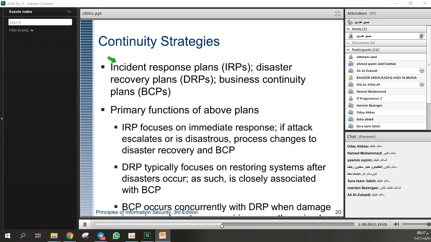If you remember, when we talked about the main threats related to information security, we said there were 12 types of threats, and one of them was force of nature: earthquake, flood, fire, something like that.